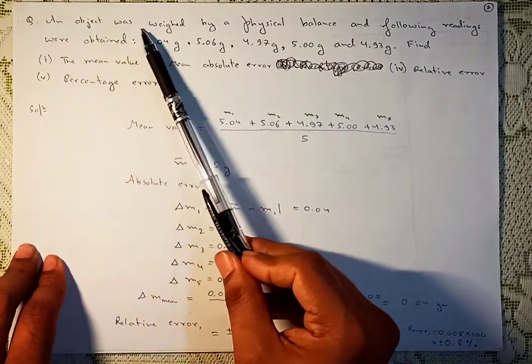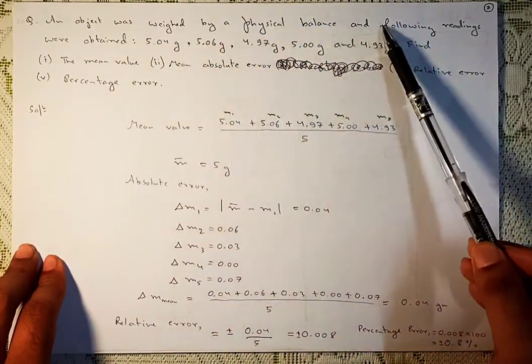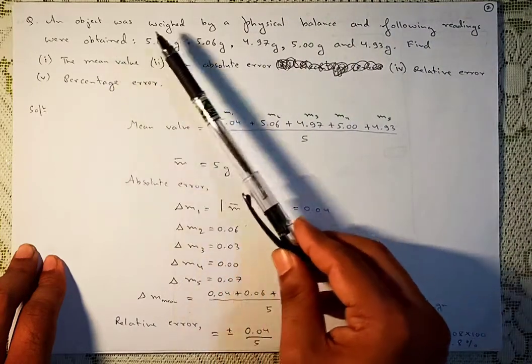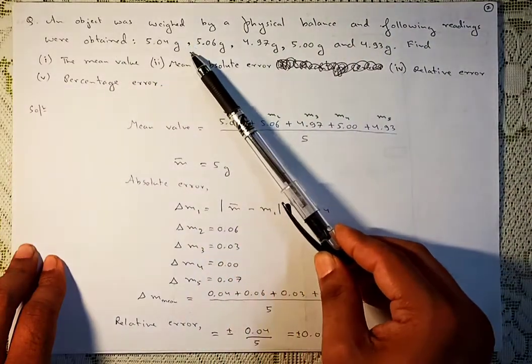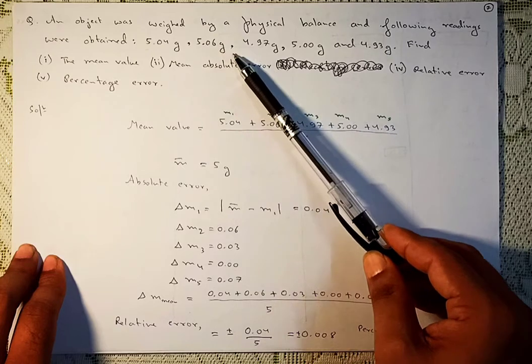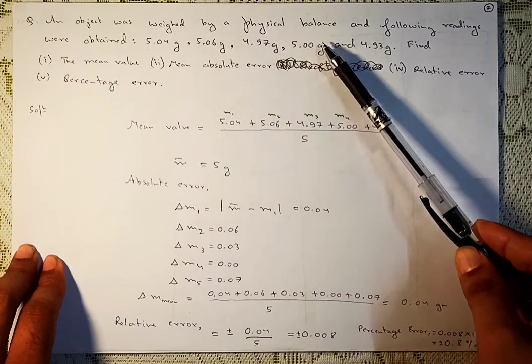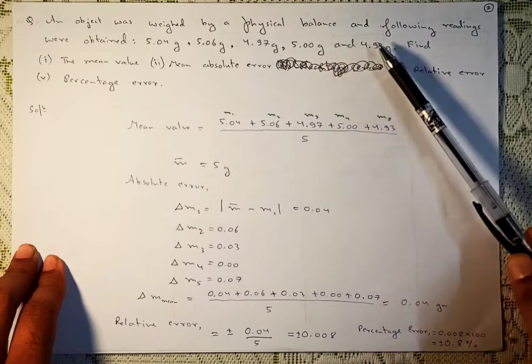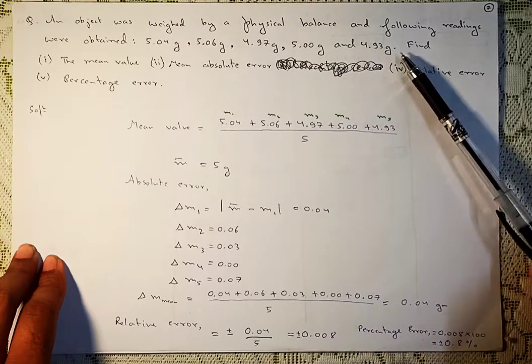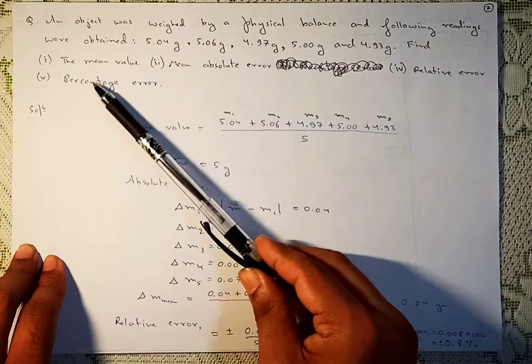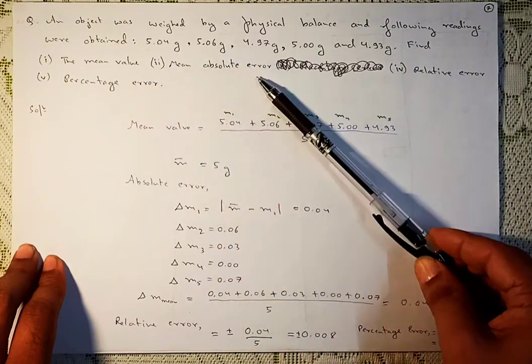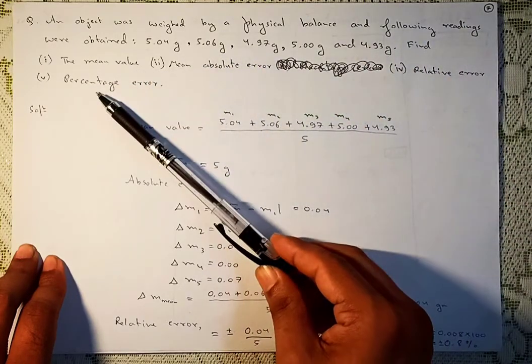An object was weighed by a physical balance and the following readings were obtained: 5.04 grams, 5.06 grams, 4.97 grams, 5.00 grams, and 4.93 grams. The question is to find the mean value, mean absolute error, relative error, and percentage error.